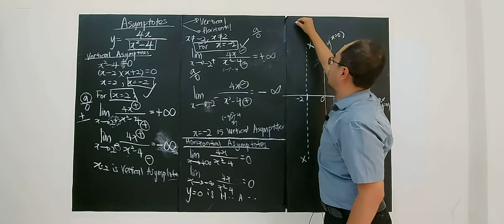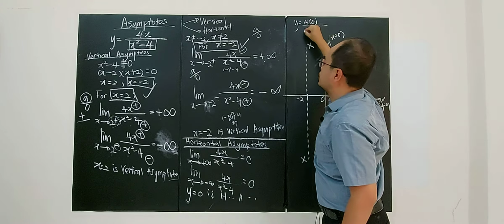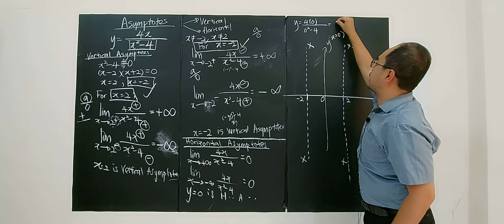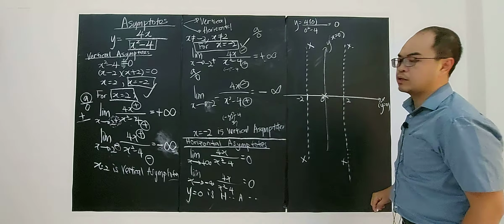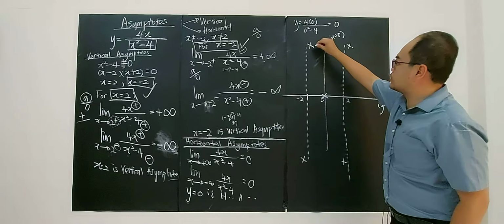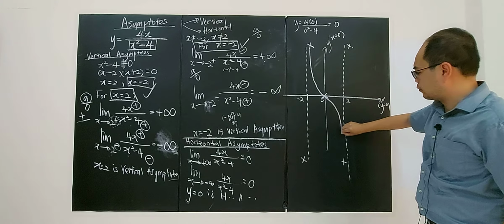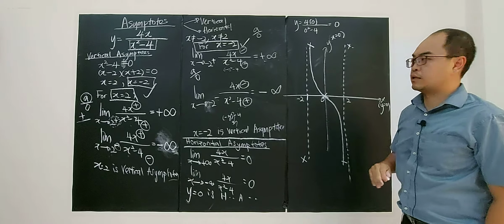So what is the value of y? 4 times 0 over 0 to the power of 2 minus 4. You're getting 0 divided by negative 4, you're getting 0. That means this graph will pass through the origin as well. Now if I join these, I will get a curve looking like this. That's the only way I can join this.